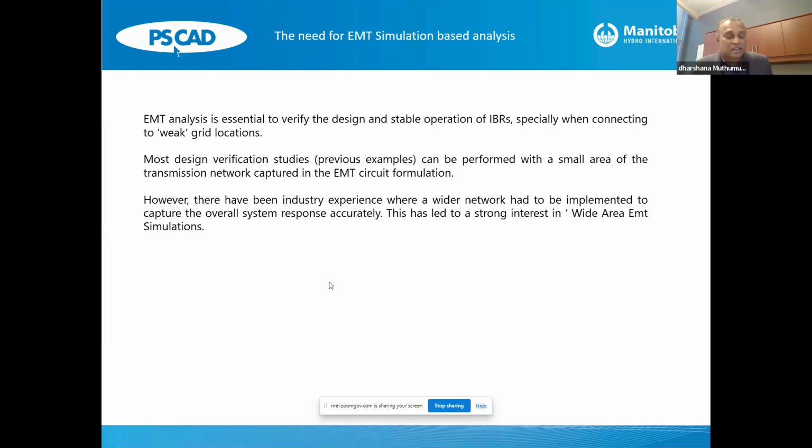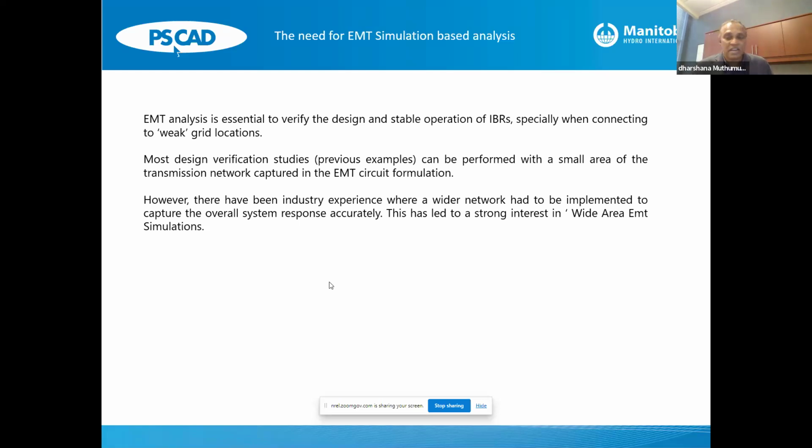So there is a need, in my opinion, for wide area EMT simulations, but how wide that area is, I think, is an engineering judgment. However, having said that, if you can model an entire country and if you can perform simulations as fast as RMS or close, then why not? Because then you're not making guesses, you're not making approximations.